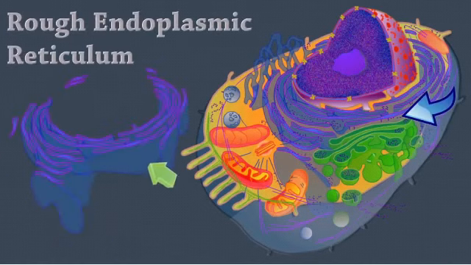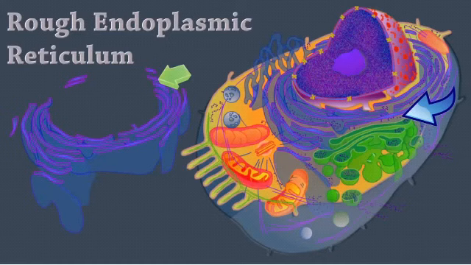The rough endoplasmic reticulum membrane system encloses a cavity, the cisterna, and coils through the cytoplasm. It's externally studded with ribosomes. Sugar groups are attached to proteins within the cisternae. These proteins are bound in vesicles for transport to the Golgi apparatus and other sites.